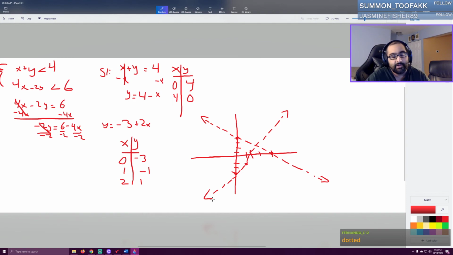Now, as you can see here, we have 4 quadrants, 1, 2, 3, and 4. And one of these 4 is going to be our final answer. That's why we do the 0, 0 test, to determine what our final answer is going to be based on what we get for the test and where we overlap. So let's take a look at the 0, 0 test.